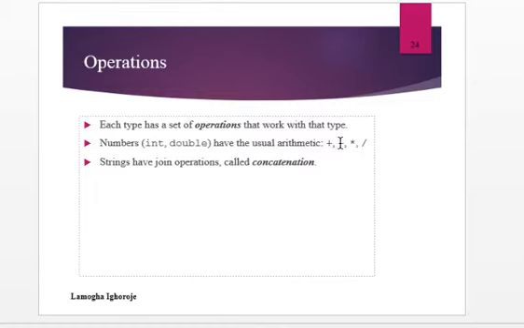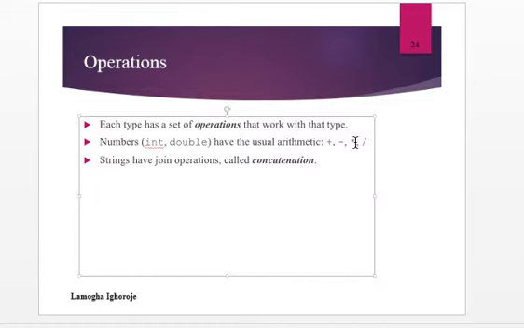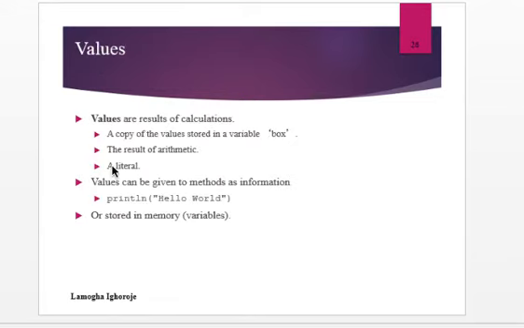You can use minus, plus, subtract, because they are numbers, so you can do a lot of calculations in your code. Strings, on the other hand, can be joined with an operation called concatenation, and we'll see an example of that very soon.